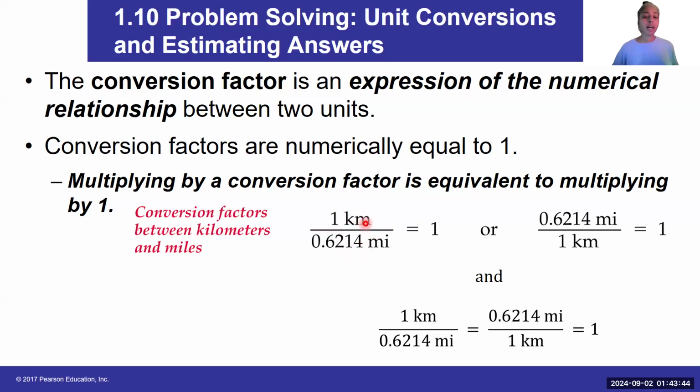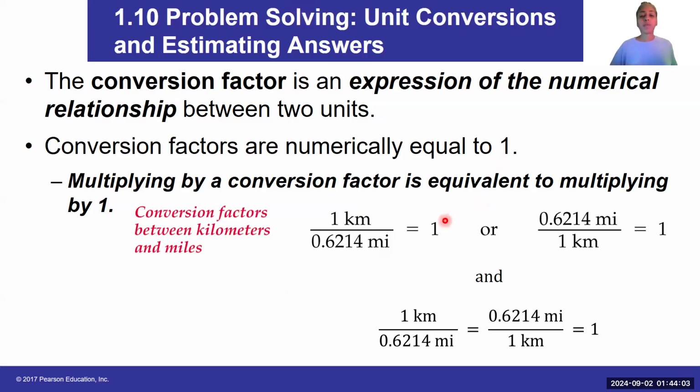And when 1 kilometer is equal to 0.6214 miles, a number divided by itself equals 1. So we can use a conversion factor in doing calculations because it's just like multiplying that number by 1.